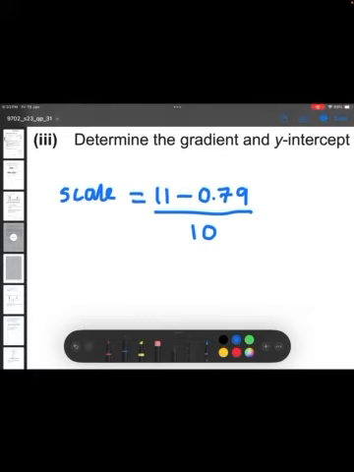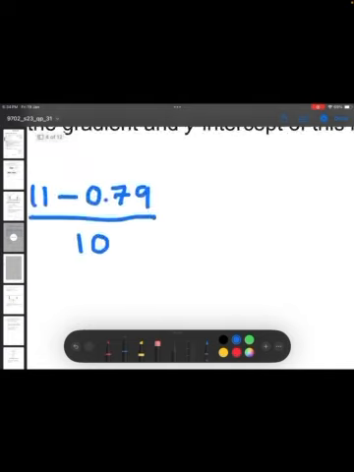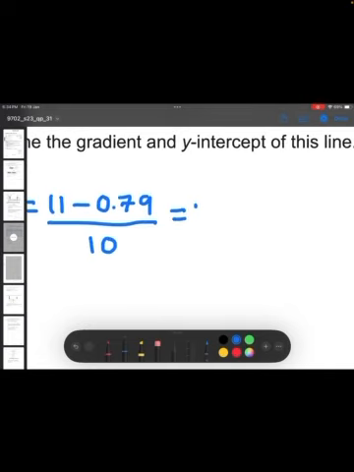Okay, sorry for the delay, but this gives me 1.057. So wait for it. Okay, 1.021, sorry, 1.021. So now I want to find a proper scale.